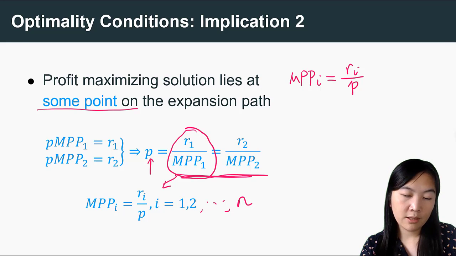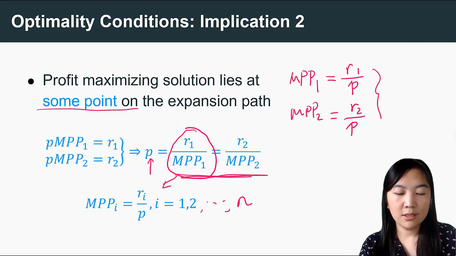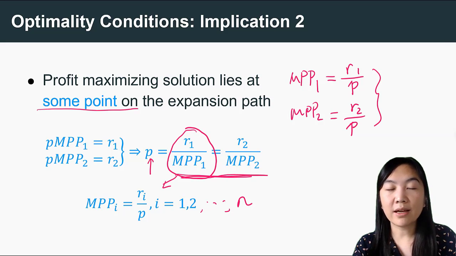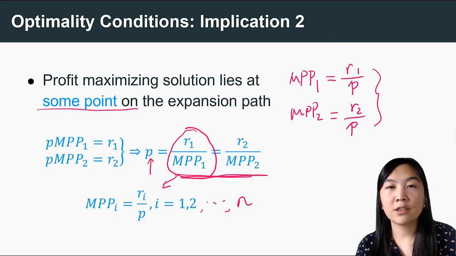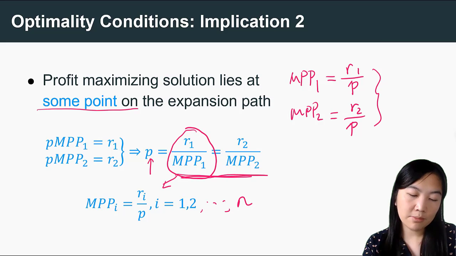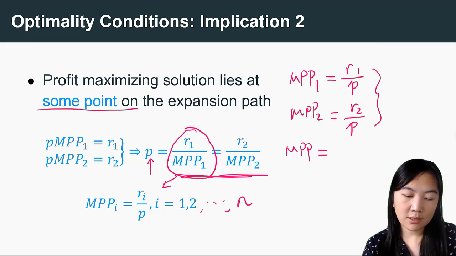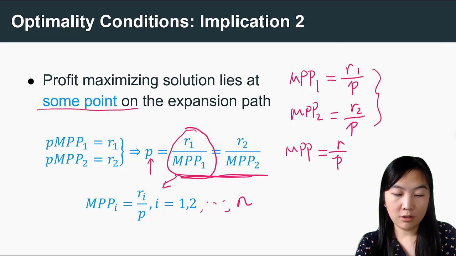So if we only have two inputs, then our condition is MPP1 equals R1 over P and MPP2 equals R2 over P. These two conditions are very similar to the condition we mentioned for profit maximization when there's only one input. With only one input, the optimality condition can be written as MPP equals R over P.